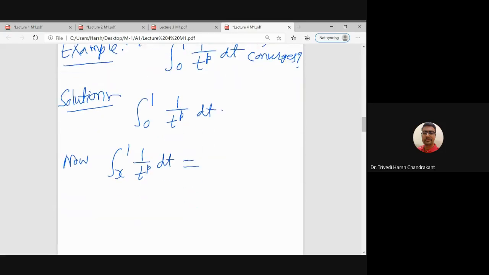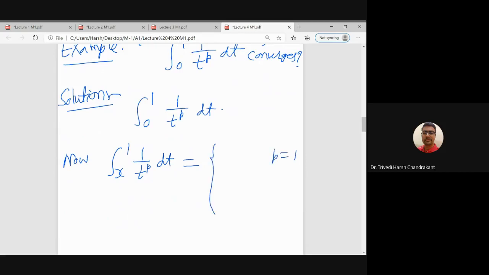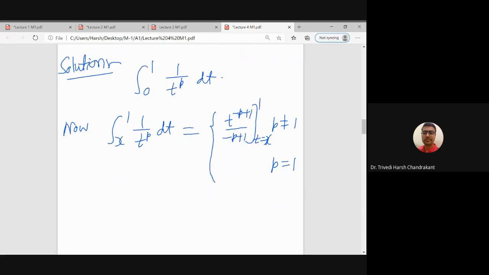If we integrate this, there will be two cases: p is equal to 1, and p is not equal to 1. For p not equal to 1, this will be t power minus p plus 1 by minus p plus 1, with limits t from x to 1. And in the other case, it is log t from x to 1.